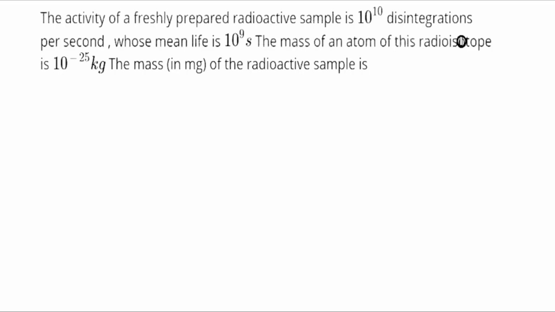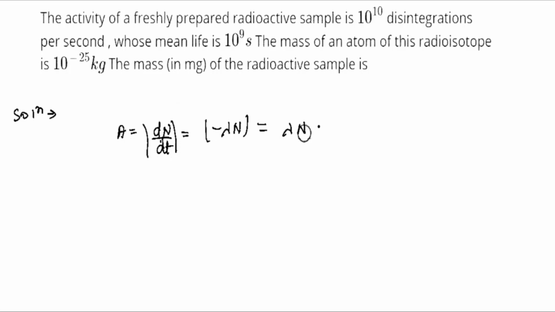The mass of an atom of this radioisotope is 10 raised to the power minus 25 kg. The mass in mg of the radioactive sample is. So the solution for this will be, we know that activity A is given by disintegration dN by dt, which is equal to minus alpha N. If we take the magnitude, it will be equal to alpha N, and we know that tau is equal to 1 upon alpha.